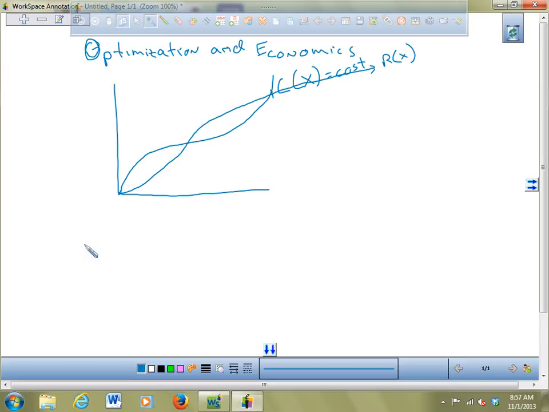Revenue is how much money you take in, okay? And if this is your revenue equation, R of X, sorry, this is R of X for how much money you take in.